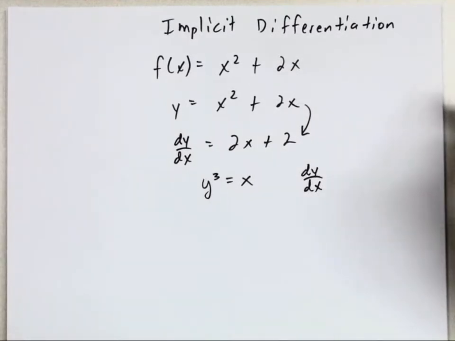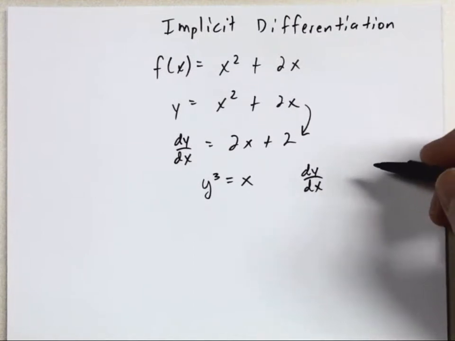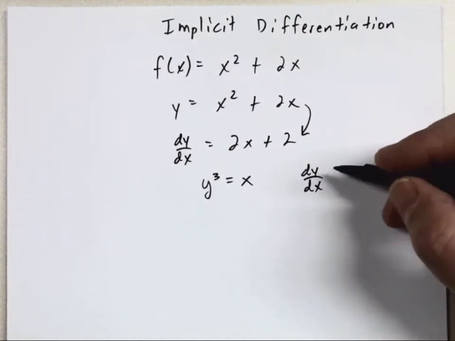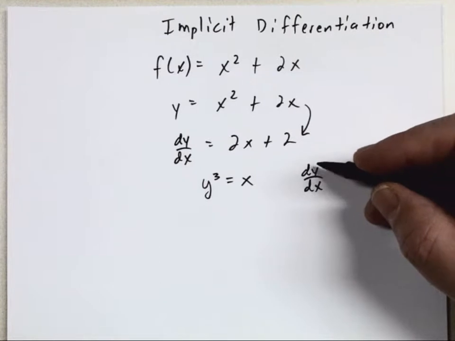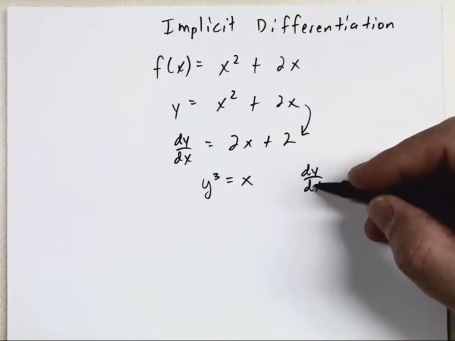And from now on, I want to point out the language of what I say is very important, although you've heard it many times before. dy dx, once again, the way we describe this is you're taking the derivative of y with respect to x.